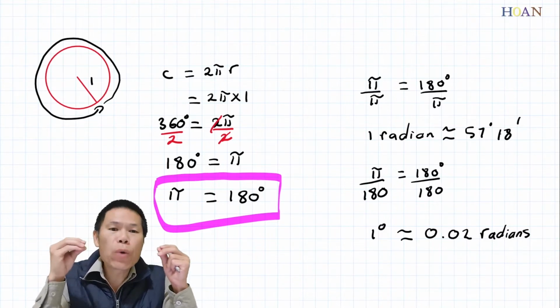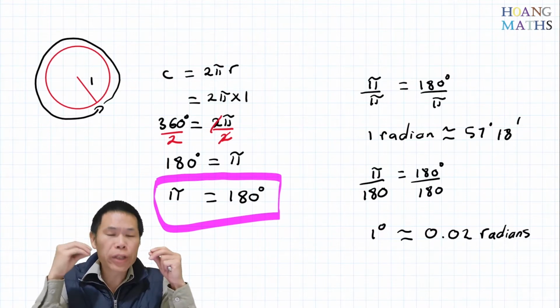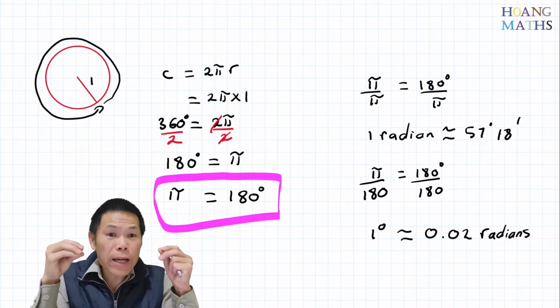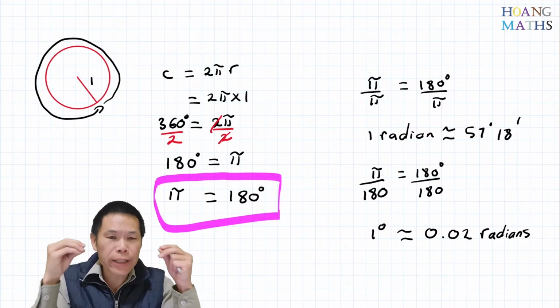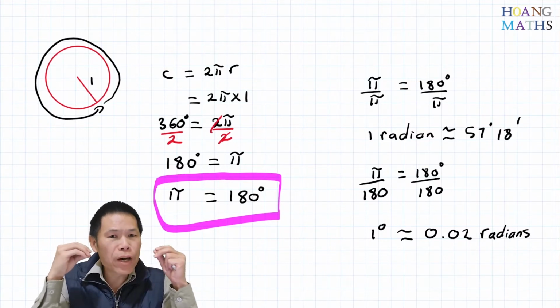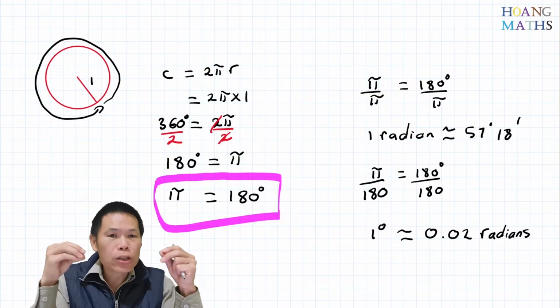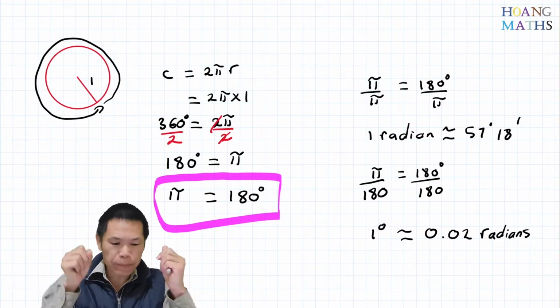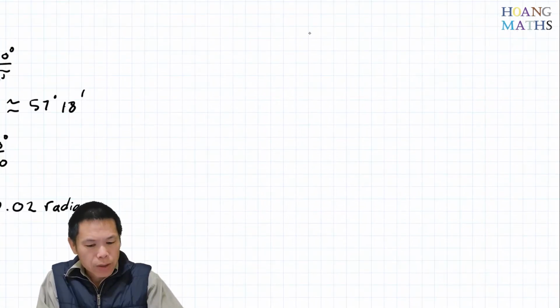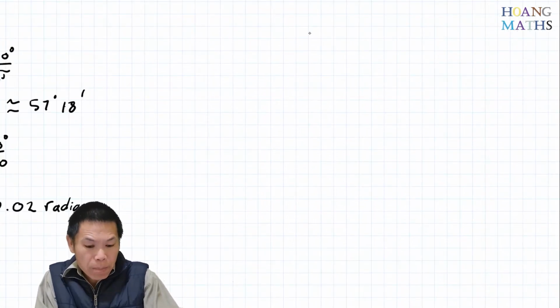Roughly. So when we want to convert from radians to degrees, we times by 180 degrees over pi because we want degrees. Now, if you want to convert degrees to radians, we need to times by pi over 180 degrees. So let's say, for example, I want to convert pi over 4 into degrees.